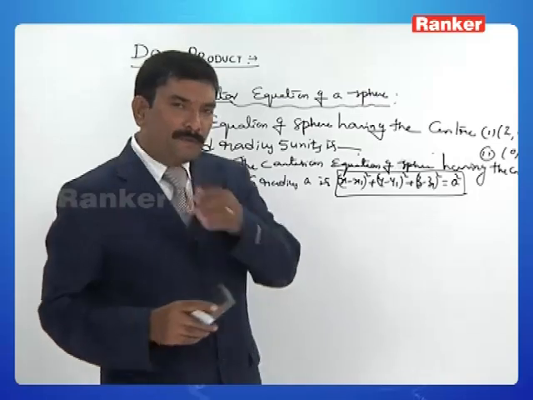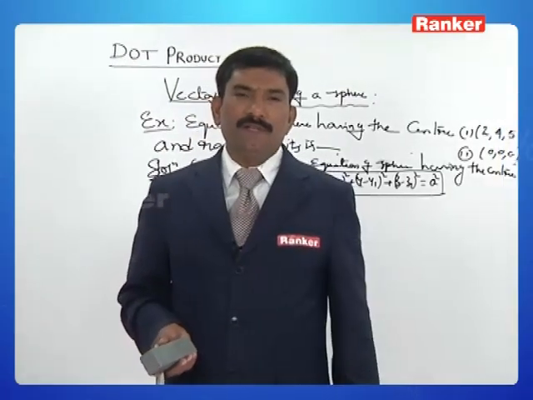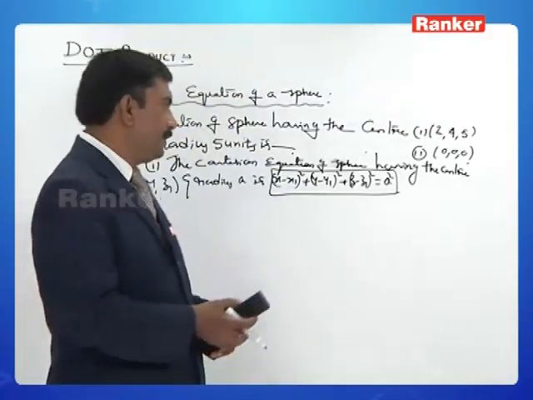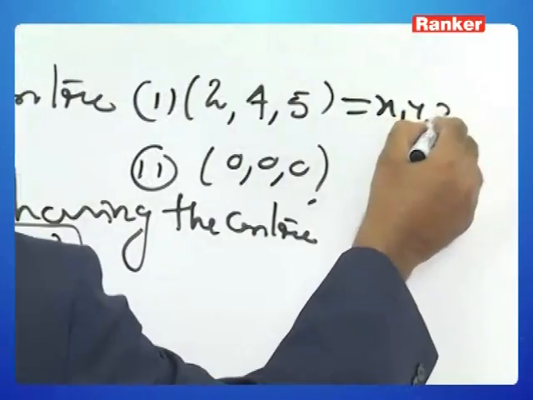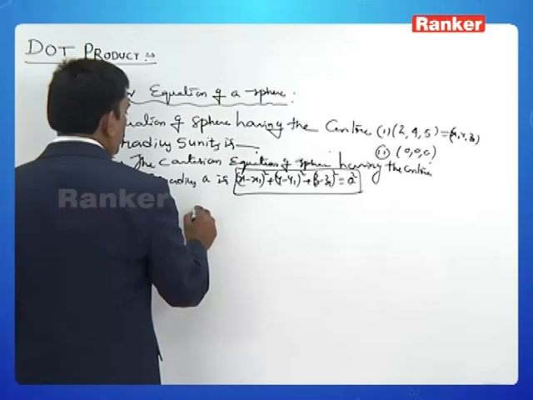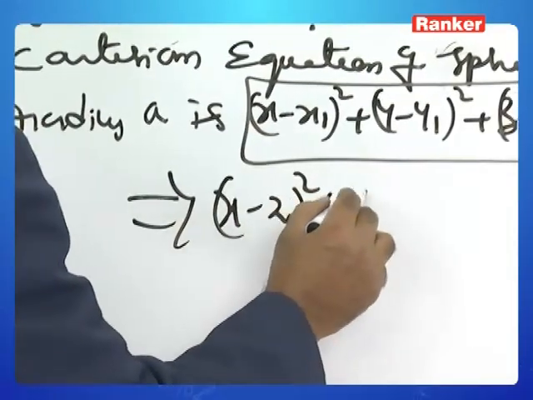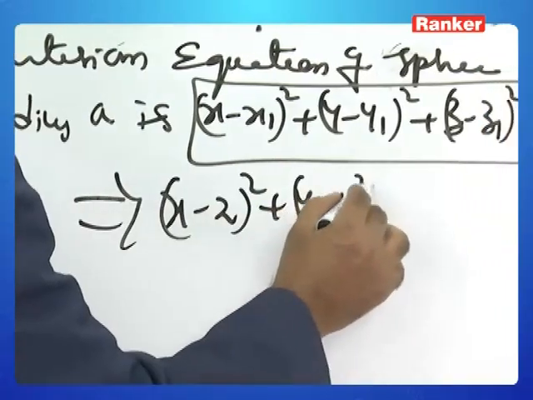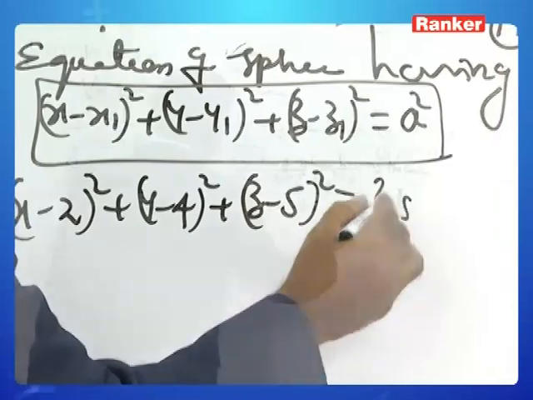(x − x1)² + (y − y1)² + (z − z1)² = r². Take this point as (x1, y1, z1) and substitute: (x − 2)² + (y − 4)² + (z − 5)² = 25.